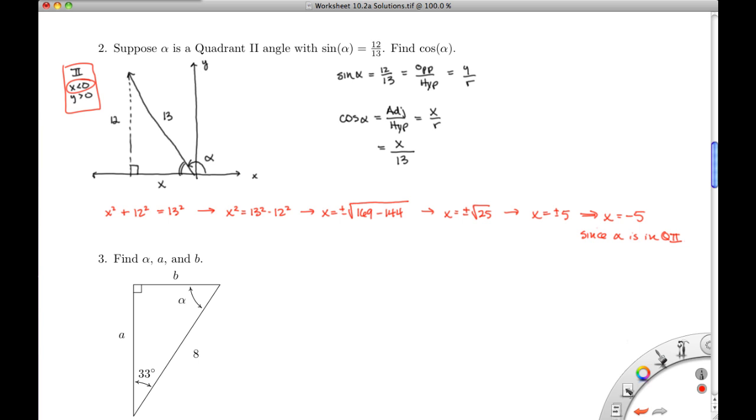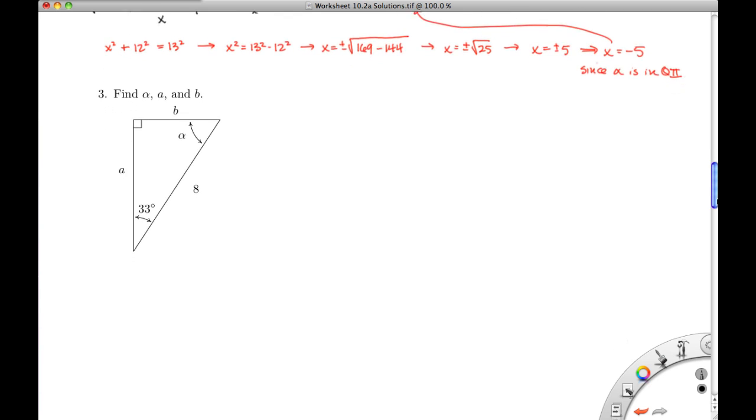Okay, so our x is equal to negative 5, so we're going to take this information and bring it up here and conclude that the cosine of alpha is going to be negative 5/13. And that's our solution there. Again, there's a lot of different ways to think about this, but this is just one way we could have done it.